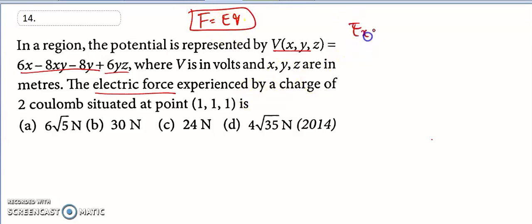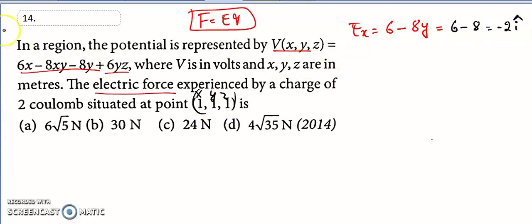The electric field Ex, in x, becomes 6 minus 8y, there is no x function. So the x, with 1, 6 minus 8, is equal to minus 2 i cap.